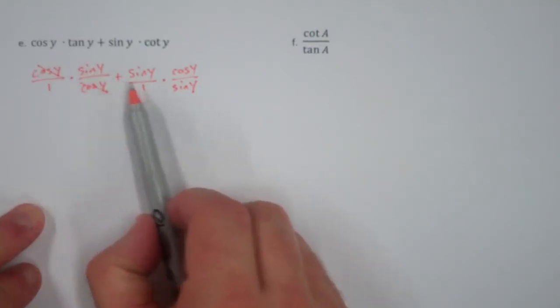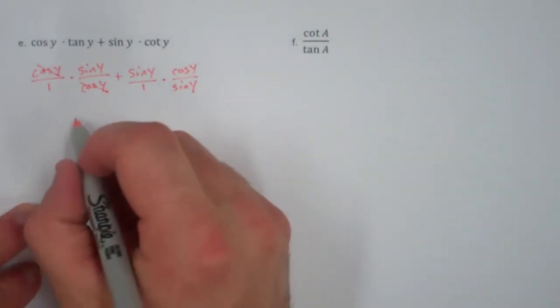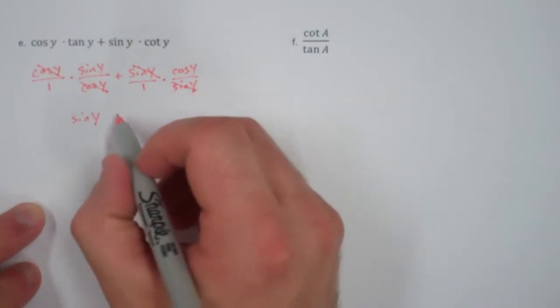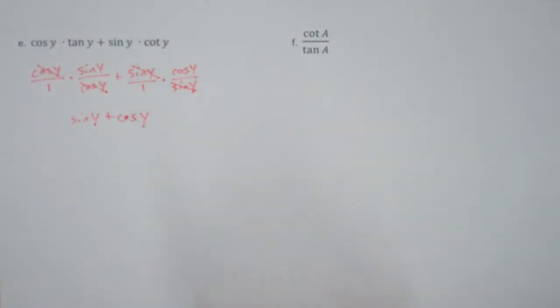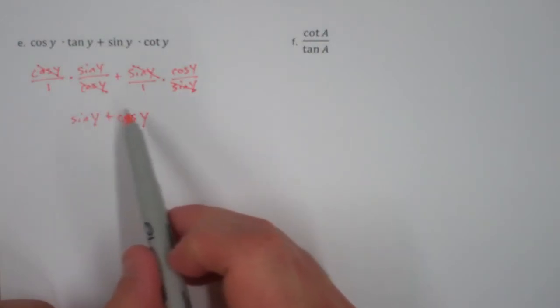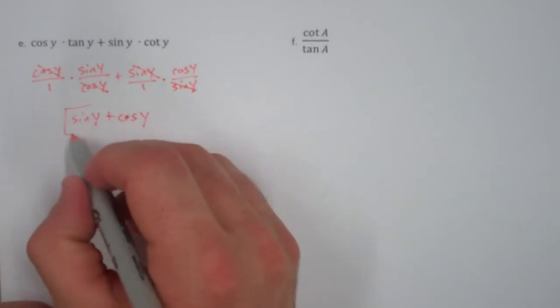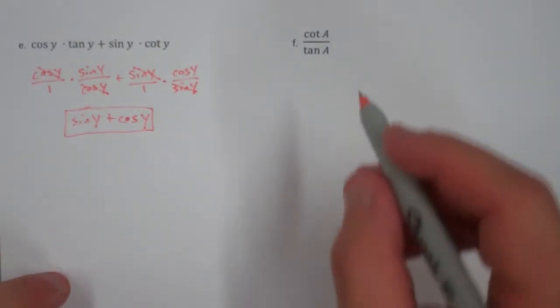We don't want to cross cancel here, here, or here, or here. That wouldn't be appropriate. We do have the sine of y, and then here we've got plus the cosine of y. At this stage of the game, lots of people will try to change this into 1, but remember we need to have a little 2 up here. It's got to be sine squared plus cosine squared. It's not, so we can just keep it right here as is.